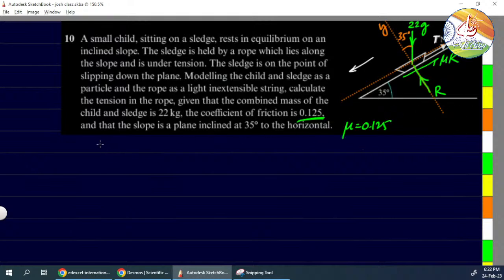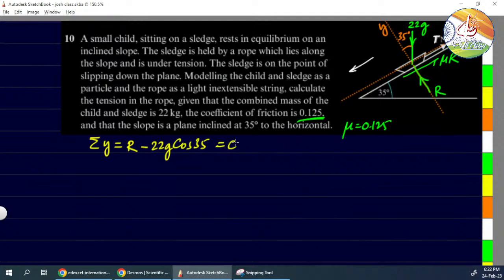So let us start. Let's go with y components first, because we are supposed to find reaction first. So R is acting in positive y direction, so positive. Then the 22g component is cos 35, acting in negative y direction, so that is negative.